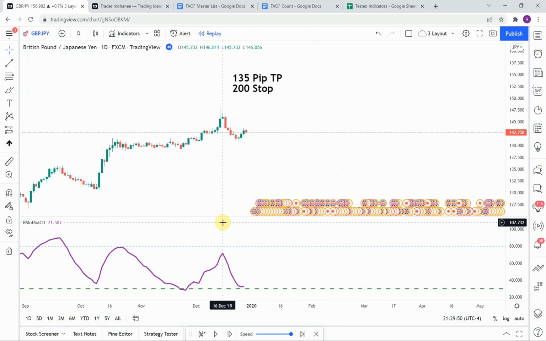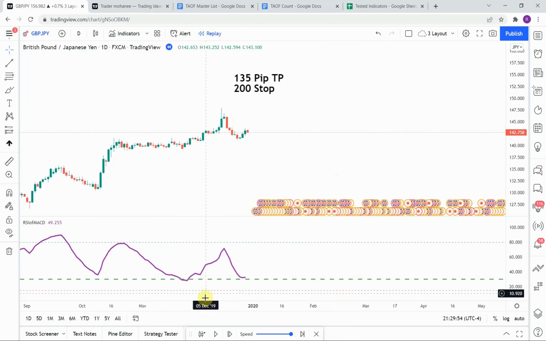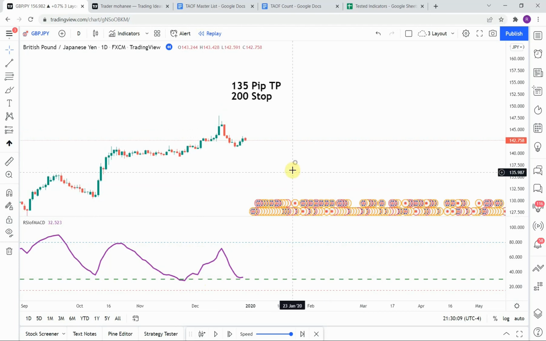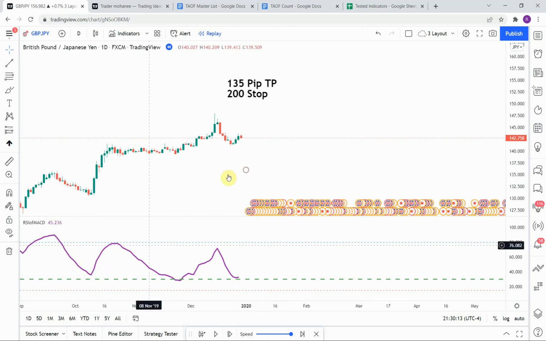And so what we're looking for is when we get a dip below this dashed green line, we are then looking for a breakout to the upside. So when the RSI, the purple RSI, breaks up above this green dashed line, and that will be a signal to go long. So that's what we're looking for. Let's go ahead and get on with the testing and see what we can get.